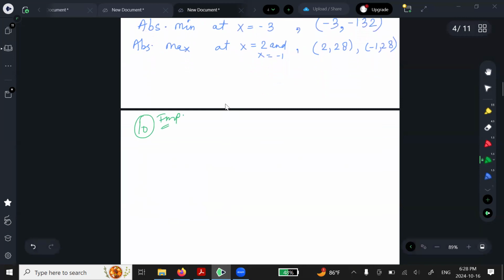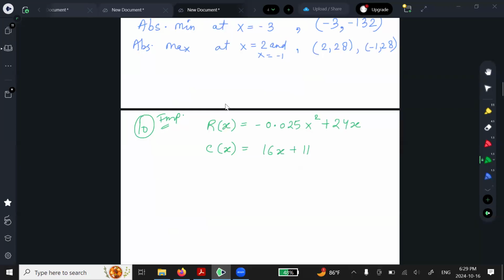So I'm given the revenue function, which is -0.025 x squared plus 24x. And I'm given the cost function, which is 16x plus 11. How do you find me the profit? Yes, they want to maximize profit. So what would that be?